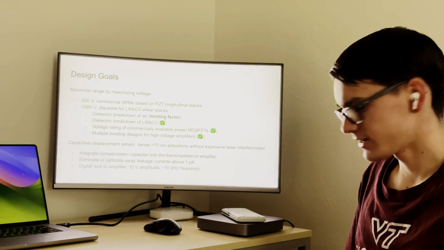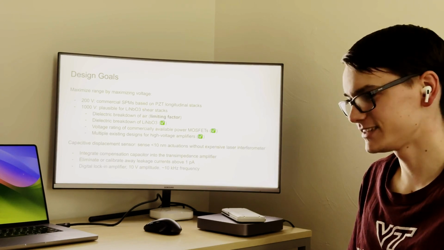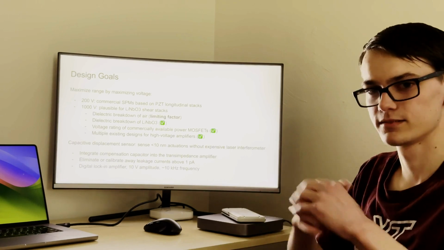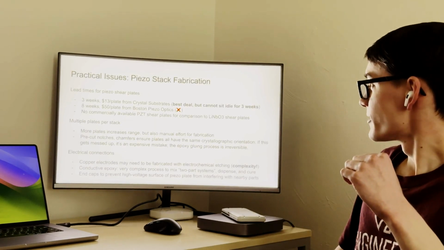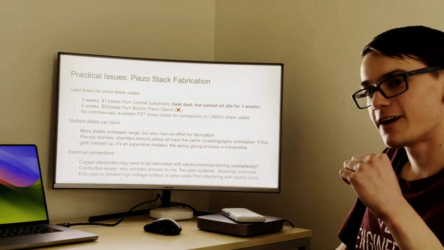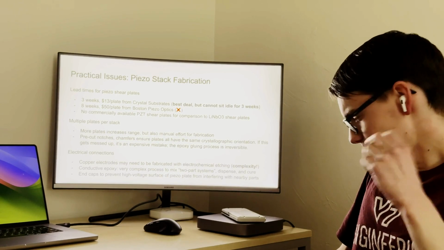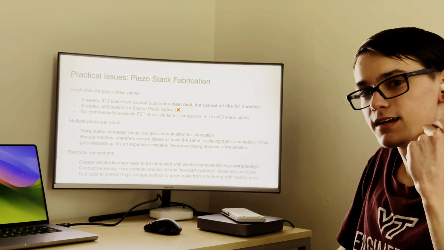So why can't I just make a capacitive displacement sensor? Shouldn't be that hard. Yeah, it's hard. Piezo-stack fabrication is another thing that's out of scope for this semester. Lithium niobate is possible in theory, which was what I was trying to prove.